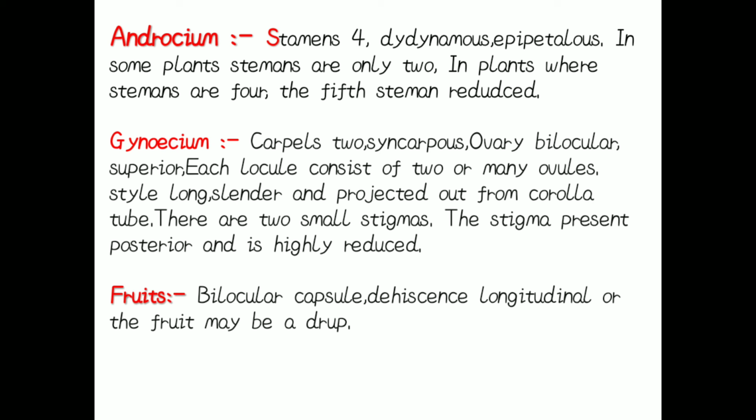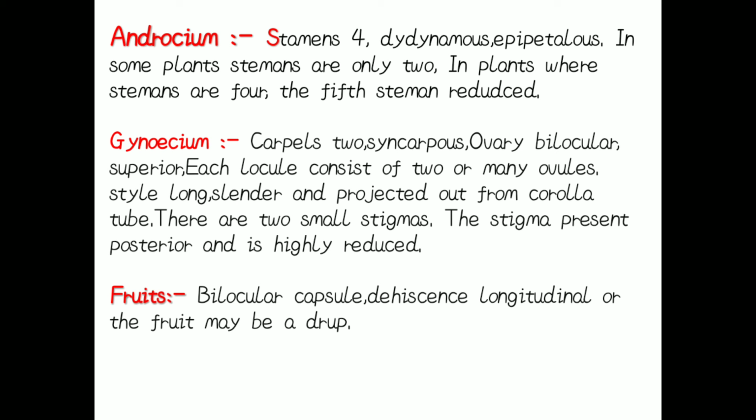Each locule consists of two or many ovules. Ovules are nothing but the future seeds. The style is long, slender and projects out from the corolla tube. The style is part of the female organ, a slender and very long tube-like structure.